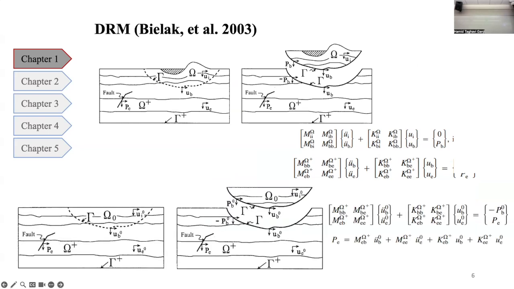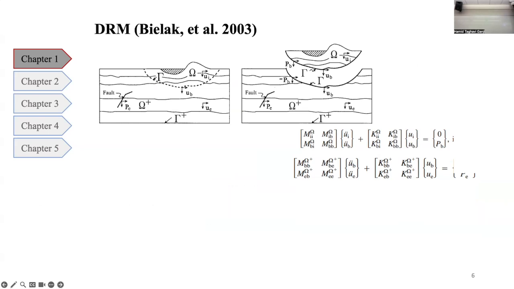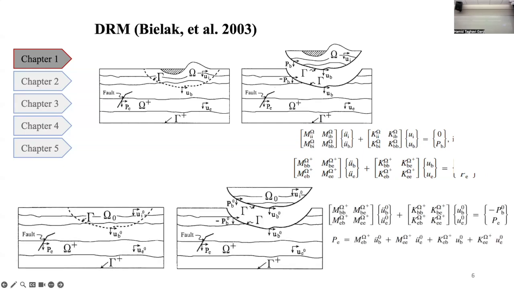They decomposed that problem into two regions, the interior part and the exterior part, and they wrote the finite element equations for each of these regions. And they used an auxiliary problem where there is no sign of the localized feature in the system.